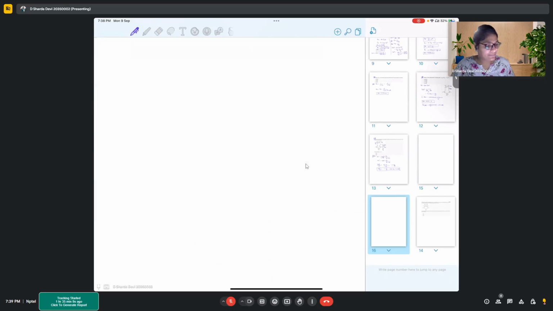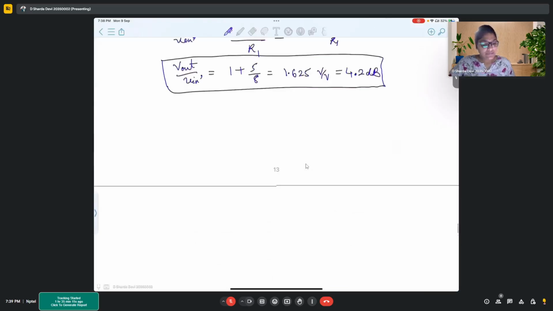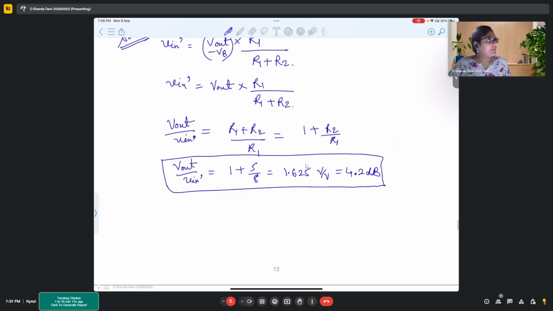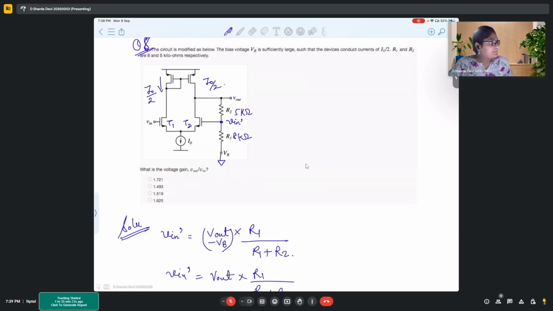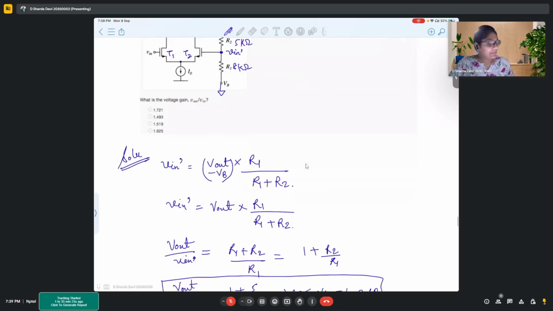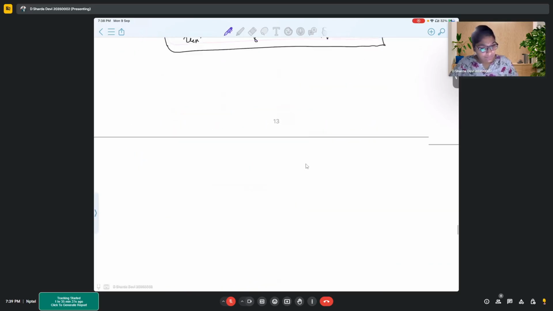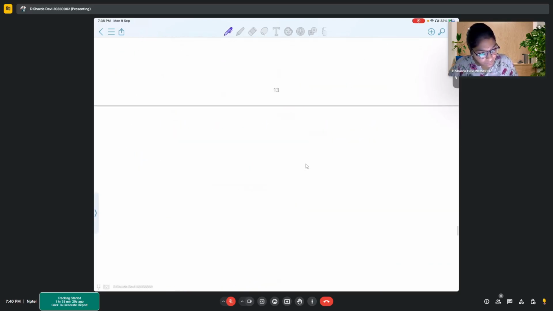So it's like a feedback network. Now maybe we'll quickly analyze this particular circuit and understand how it works. Let's quickly draw the OTA first.